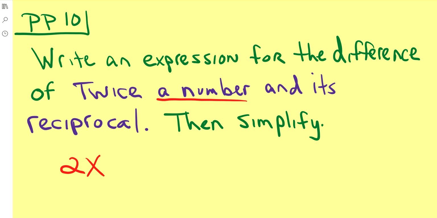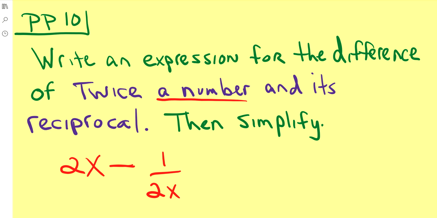So I need the difference of twice a number and its reciprocal. So what's the reciprocal of 2x? It's going to be 1 over 2x.